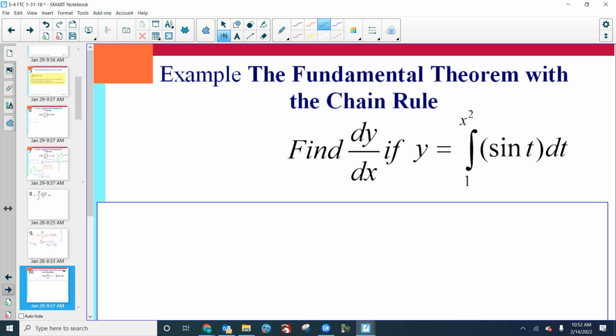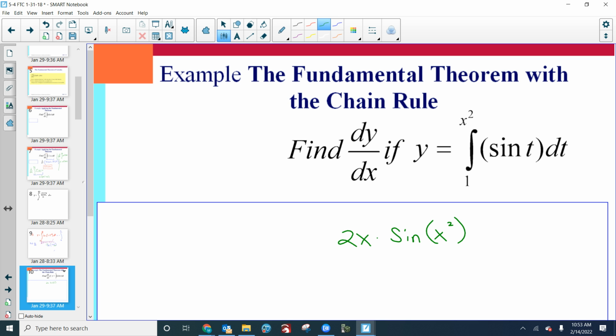Lane, what'd you get? Nothing yet? Guess. Cole, let's see. I said 2x times sine of x squared. 2x times the sine of x squared. Who agrees? Who disagrees? I agree.